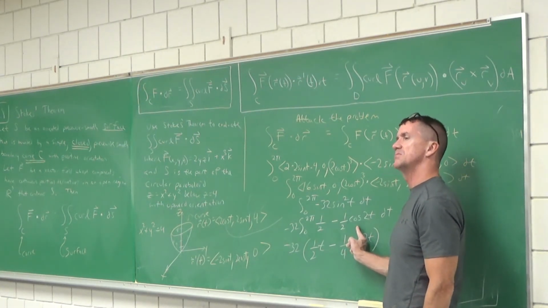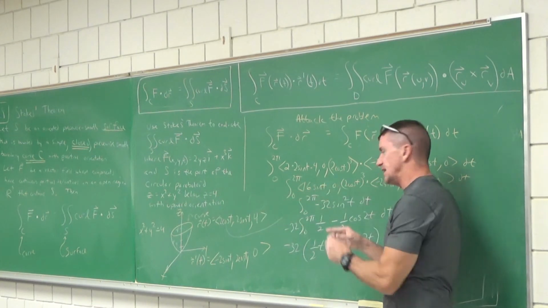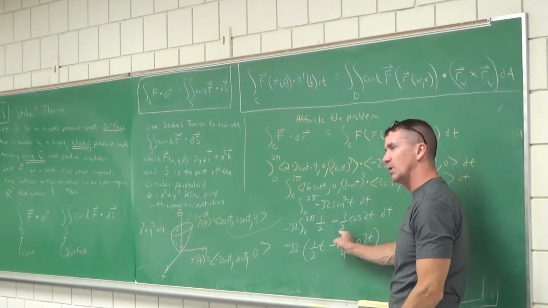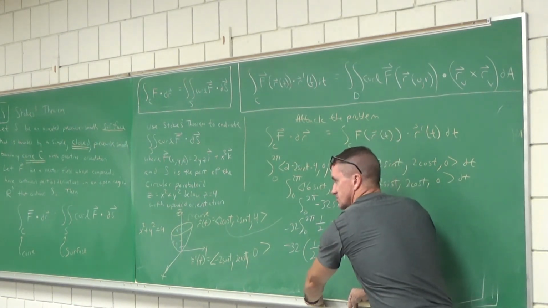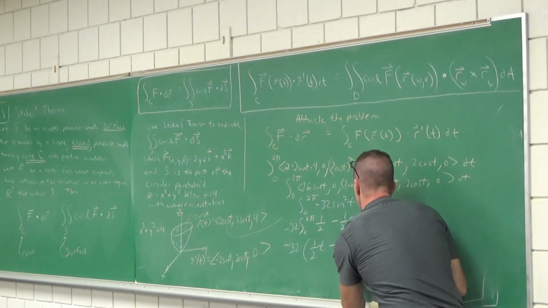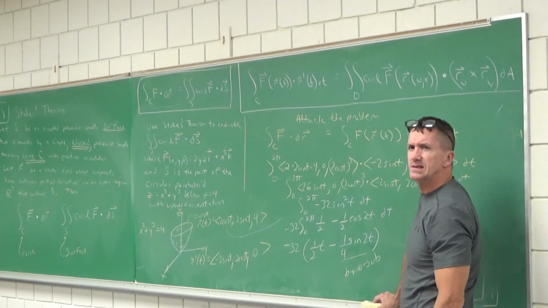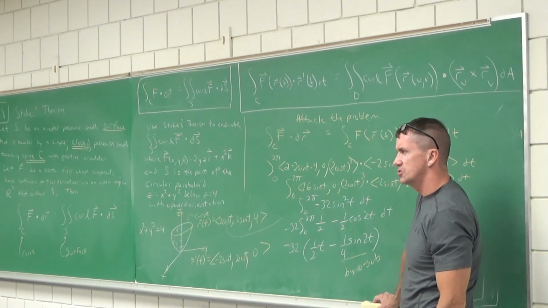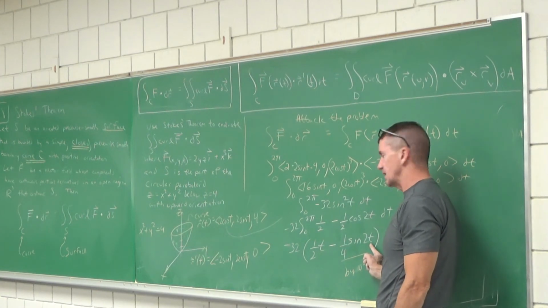Yeah, because you've done u sub so often. I actually let u equal 2t, and then I got the 1/2. So I just want to make a note, this came out by a u sub, in case you want to work all that out. Did anybody need to see that u sub? You sure? I let u equal 2t. Yeah, I figured you all get that.